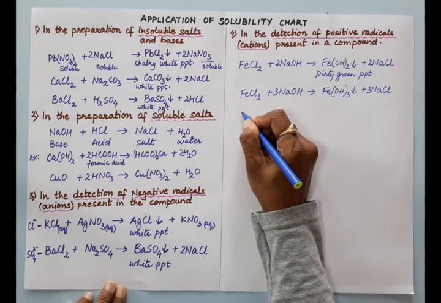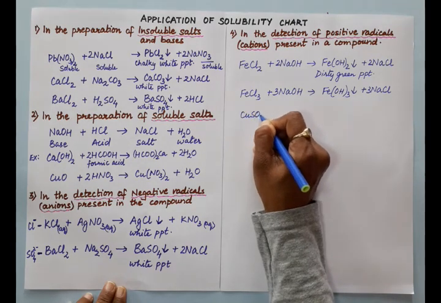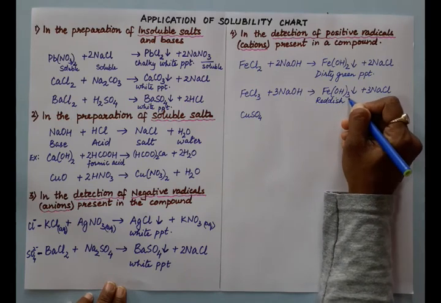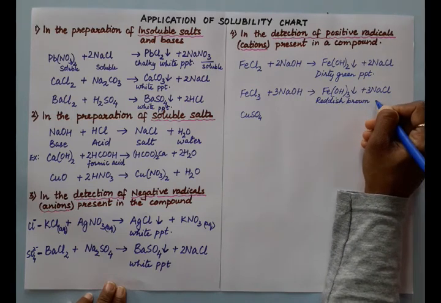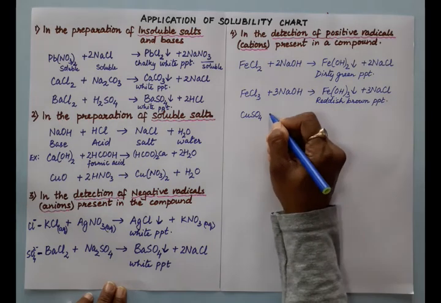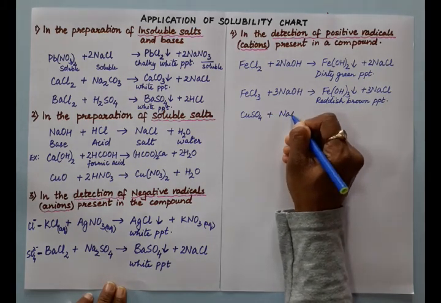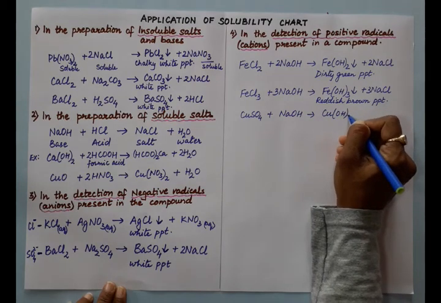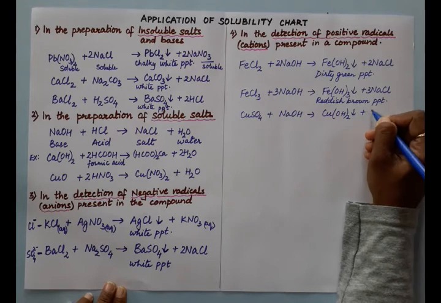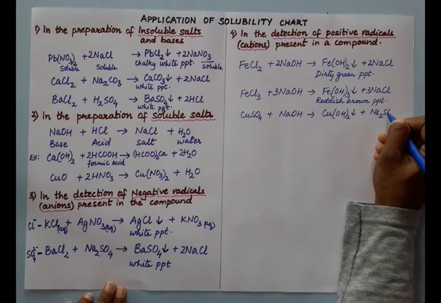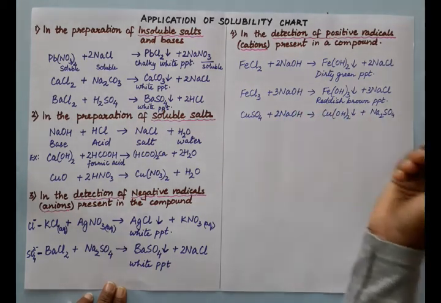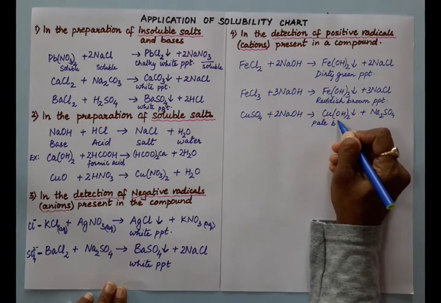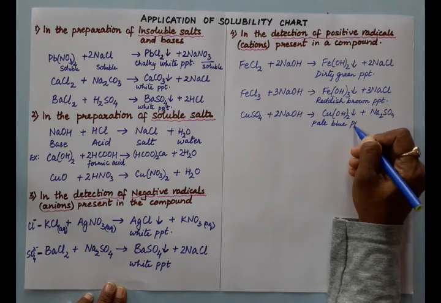If we take copper sulfate and add NaOH to it, we get cupric hydroxide, a pale blue precipitate, along with sodium sulfate as byproduct. So this is the pale blue precipitate of cupric hydroxide that you are getting.